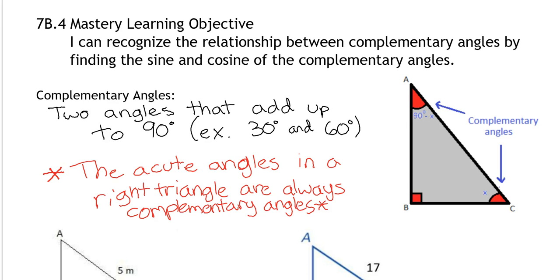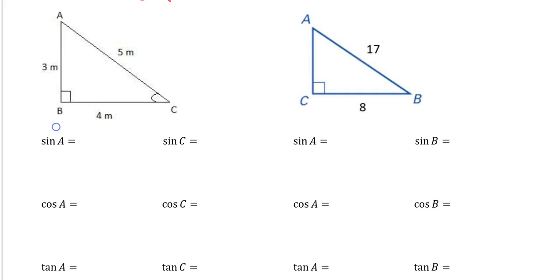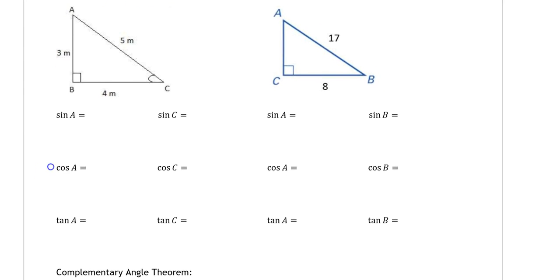Okay, so again, the acute angles in a right triangle are always complementary angles. So for example, over here, my acute angle is here, and these two angles are complementary angles. So, now that we know that the angles of a right triangle are complementary, we're going to try and figure out what that means.